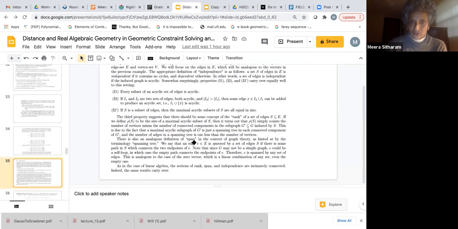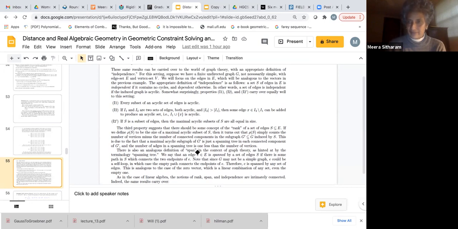So this also gives you the idea of a rank in the set of edges, which is the size of the maximal spanning tree. A maximal acyclic graph that actually spans is called a spanning tree of the graph. All the people in math would have heard of a spanning tree, and even computer science people use spanning trees all the time.